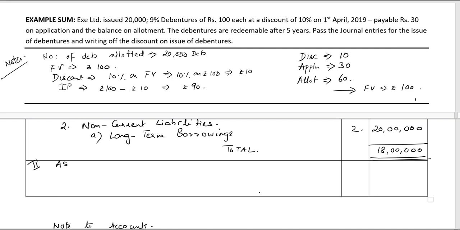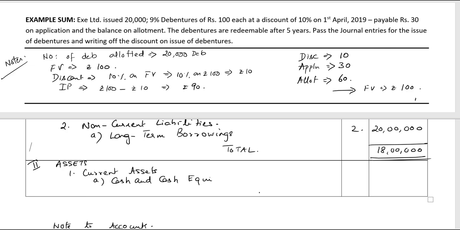Second part, assets. Under that, 1 is current asset. A is cash and cash equivalents. Against note 3, amount received 18 lakh rupees.